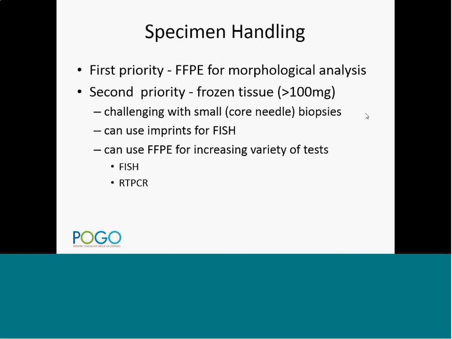You can use formalin-fixed paraffin tissue for FISH testing, and you can certainly use it for RT-PCR as well. And I think that when the first priority is FFPE, that's a good thing to remember, particularly if you're dealing with very small amounts of tissue.